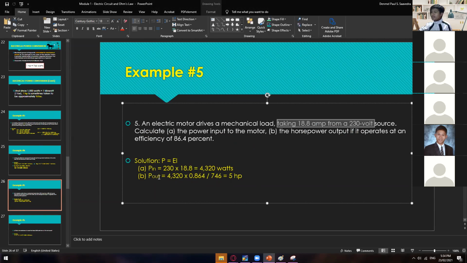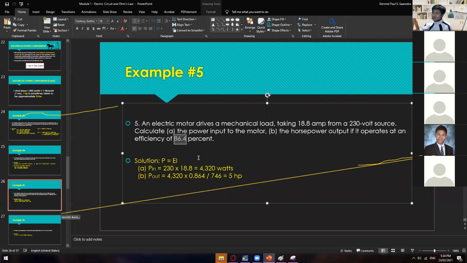For the last one, horsepower output, or P out, if it operates at an efficiency of 86.4%. We already have the total power, and it's only asking for 86.4 percent of that power.